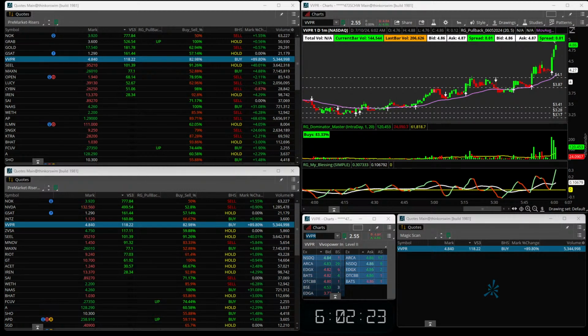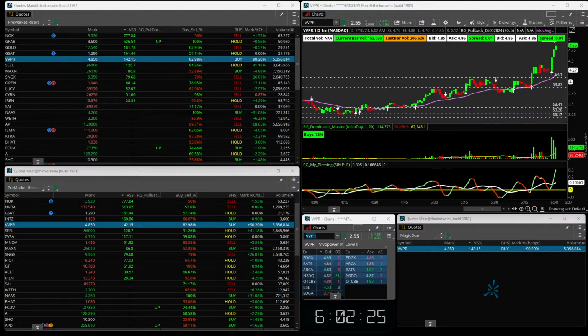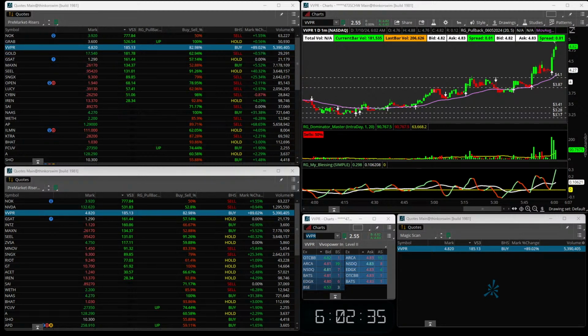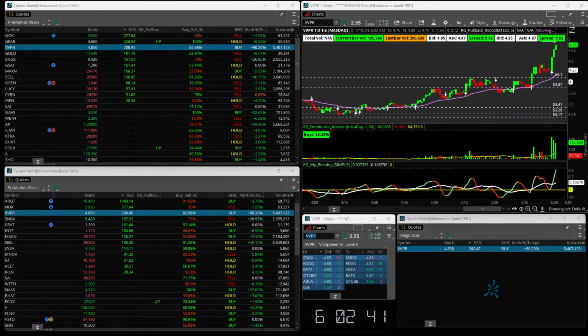Activity is so slow, I'm hesitant to click the mouse button. I don't think it's going to go much further for some reason. But it could just pop. I could be wrong. Holding this price range nicely.